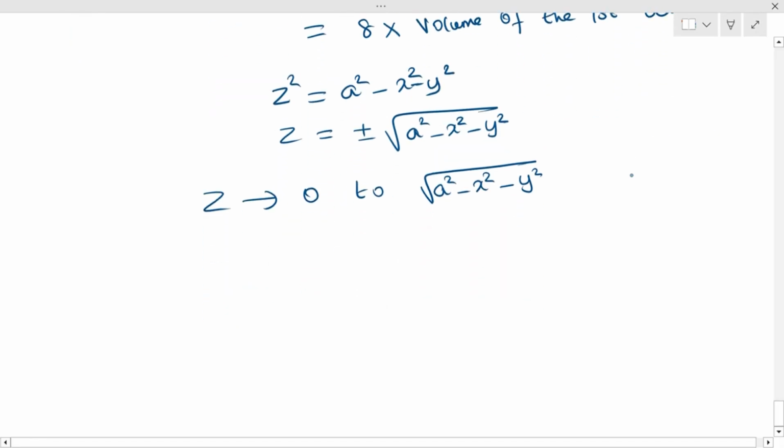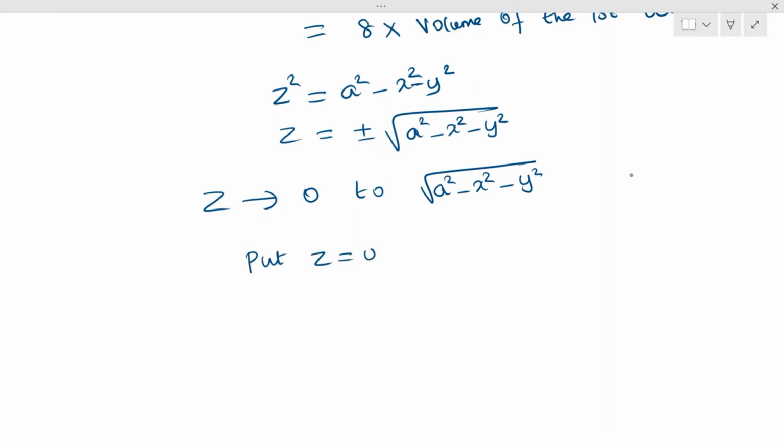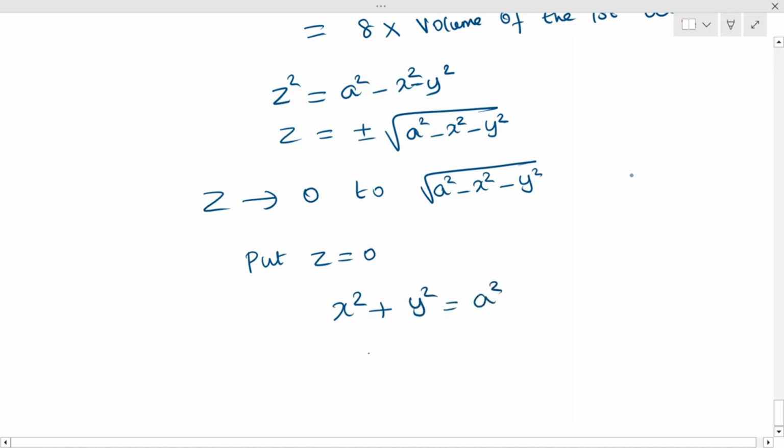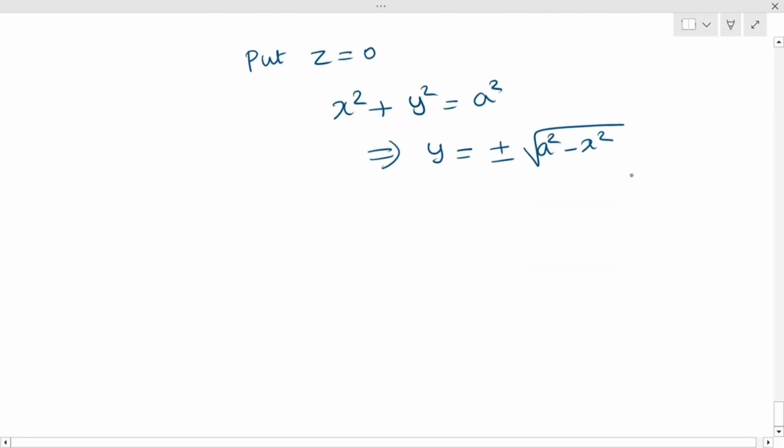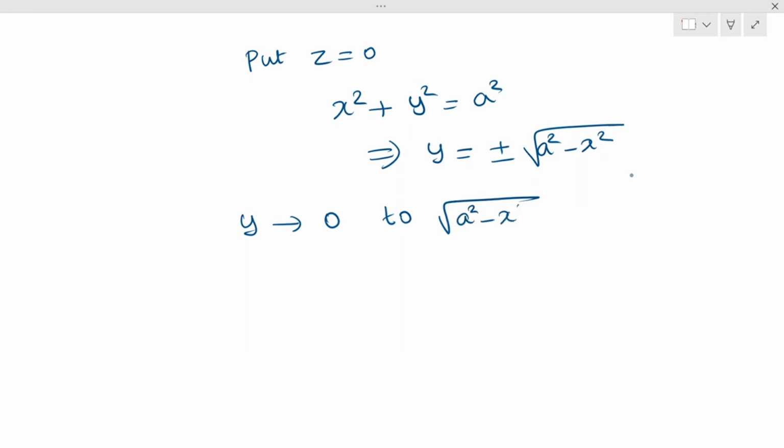Next we find the limit for y. So here put z equal to 0 in the given sphere equation, what you will get: x square plus y square equal to a square. So find y in terms of x, that is y equal to plus or minus root of a square minus x square, and the limit of y is 0 to root of a square minus x square.